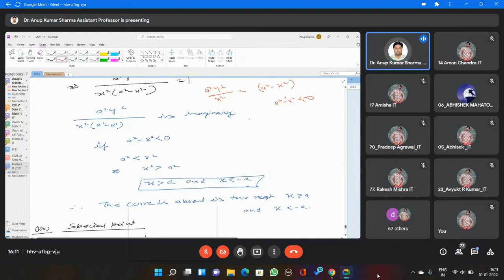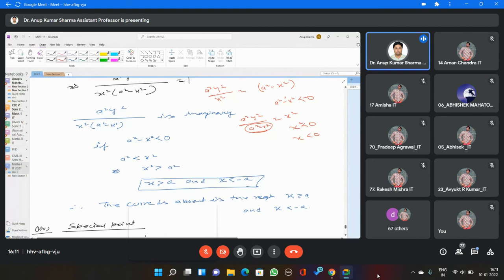When you say x is less than 0, a square y square upon a square minus x square is equal to x square. So when x is less than 0, x square less than 0, so that means what? It also depends upon this one.